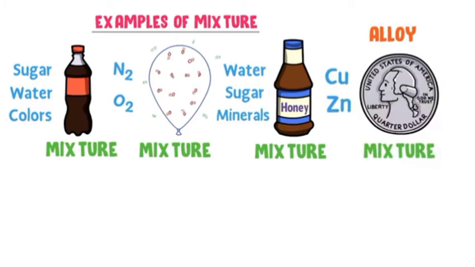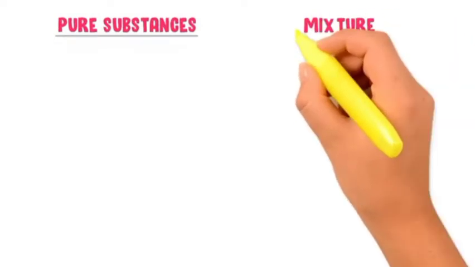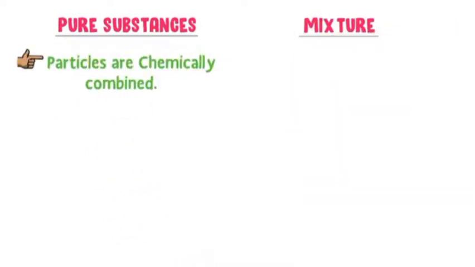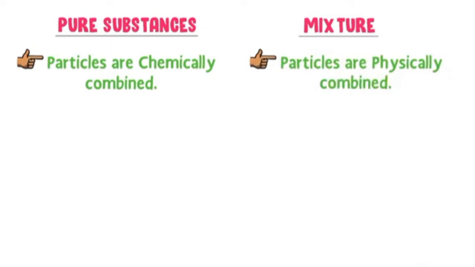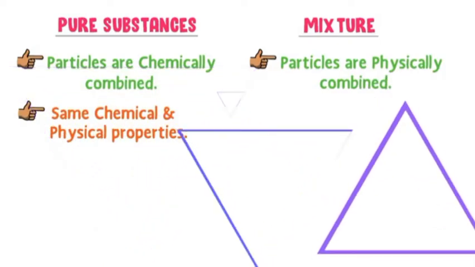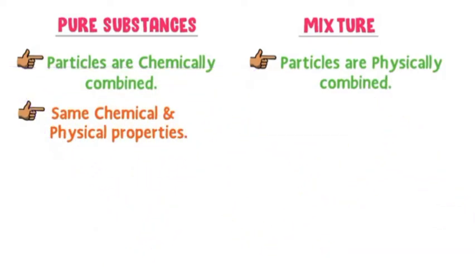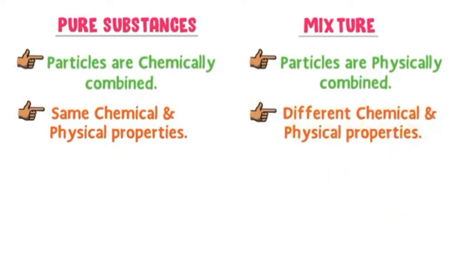Finally, let me teach you the difference between pure substances and mixtures. In pure substances, particles are chemically combined together, while in mixtures, particles are physically combined together. All the particles in a pure substance have the same chemical and physical properties, while in a mixture, different particles have different chemical and physical properties.